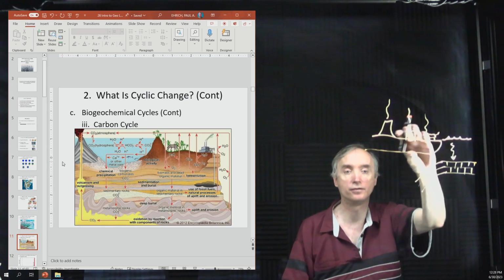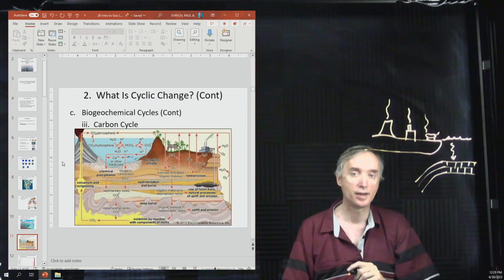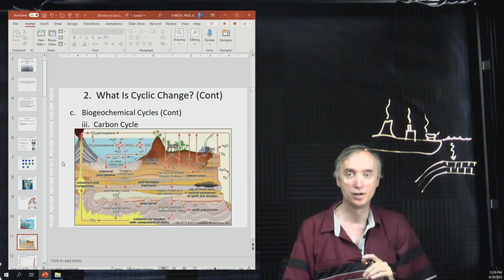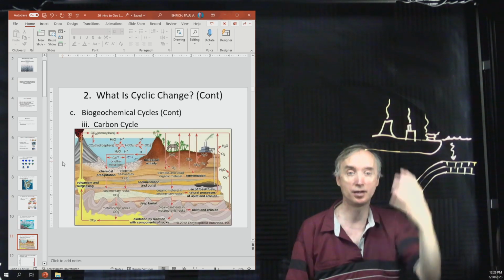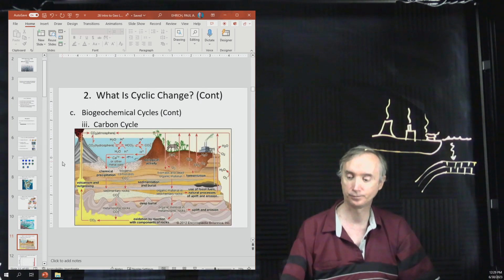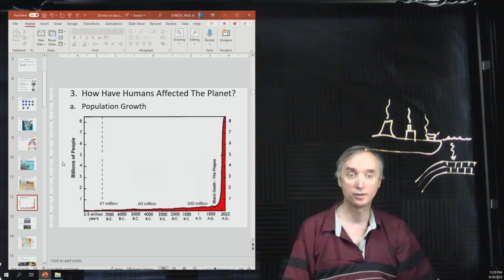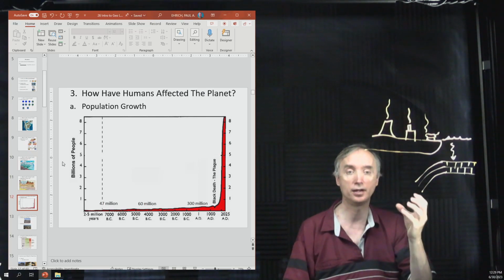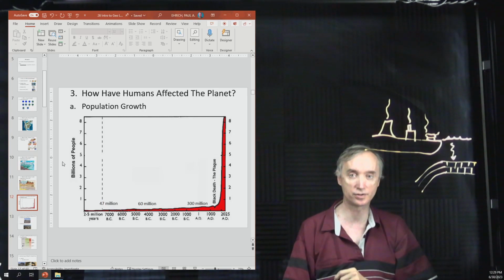Anything that photosynthesizes will absorb carbon dioxide. And also out in the ocean, you have algae that absorb carbon dioxide. So notice that carbon dioxide can go into the atmosphere and can be pulled out of the atmosphere. This is going to be very important when we talk about climate change. Carbon dioxide is a greenhouse gas, and it can hold in heat and make a planet hotter. We will get to that in just a moment.